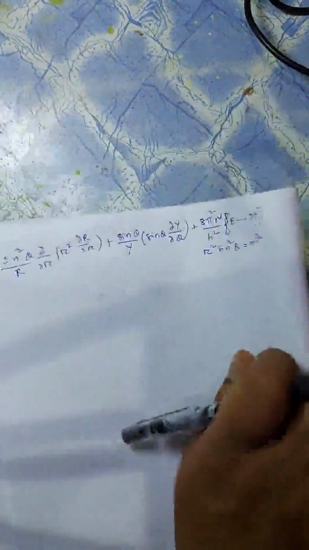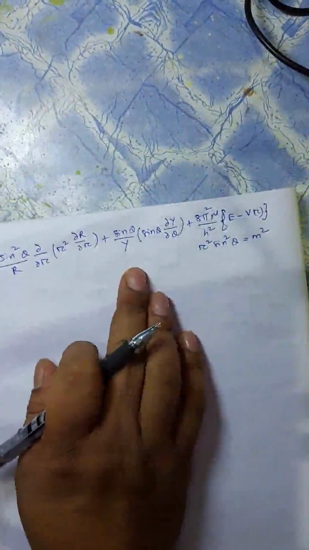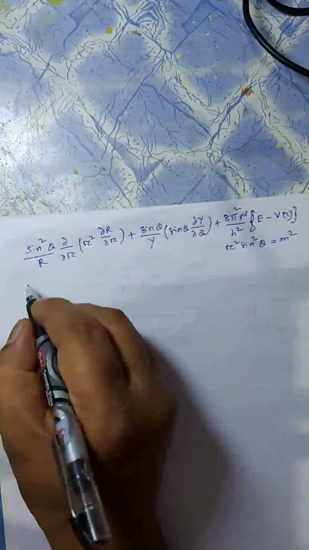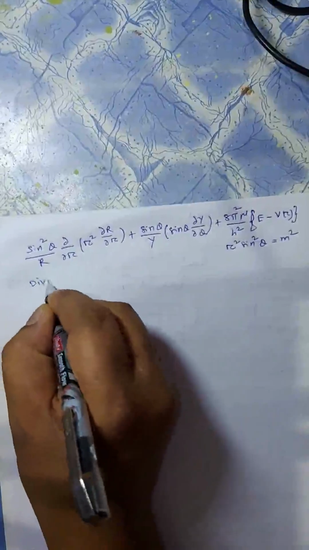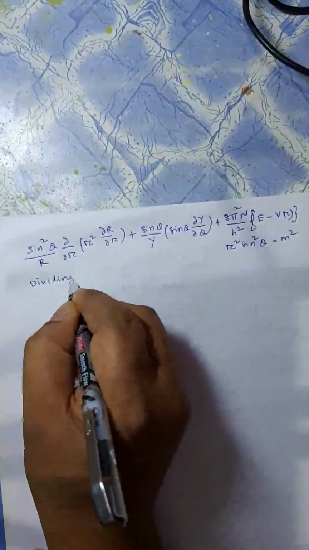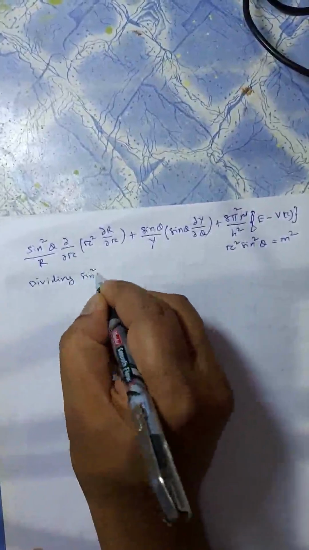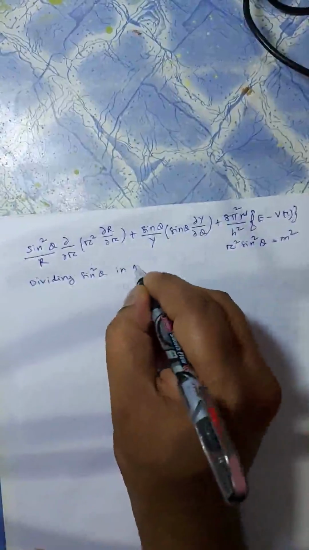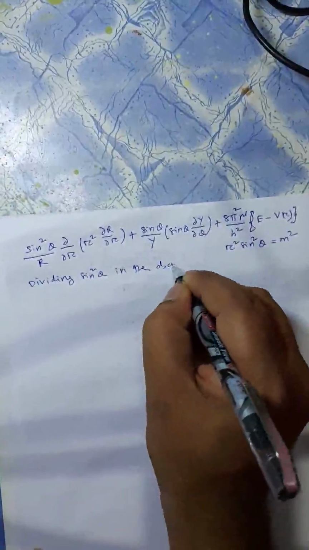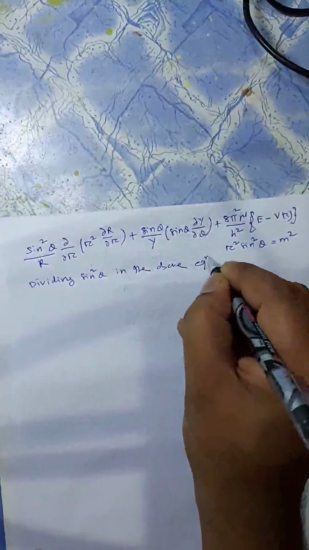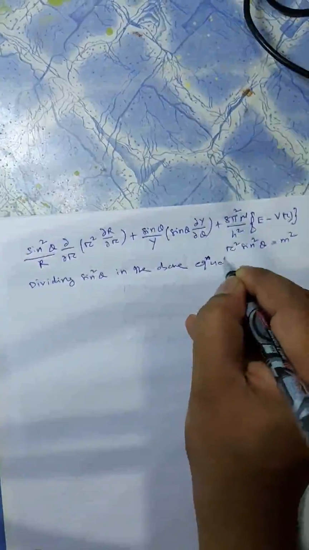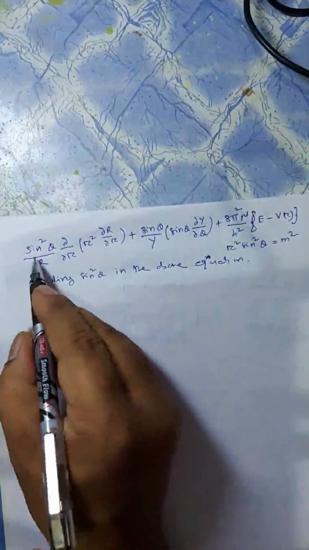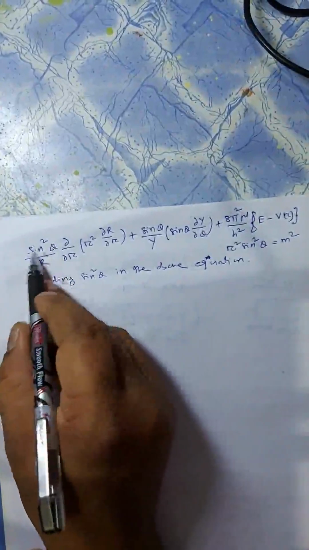So what do we do? We divide by sin²θ throughout the equation. Dividing by sin²θ in the above equation, this will move away.